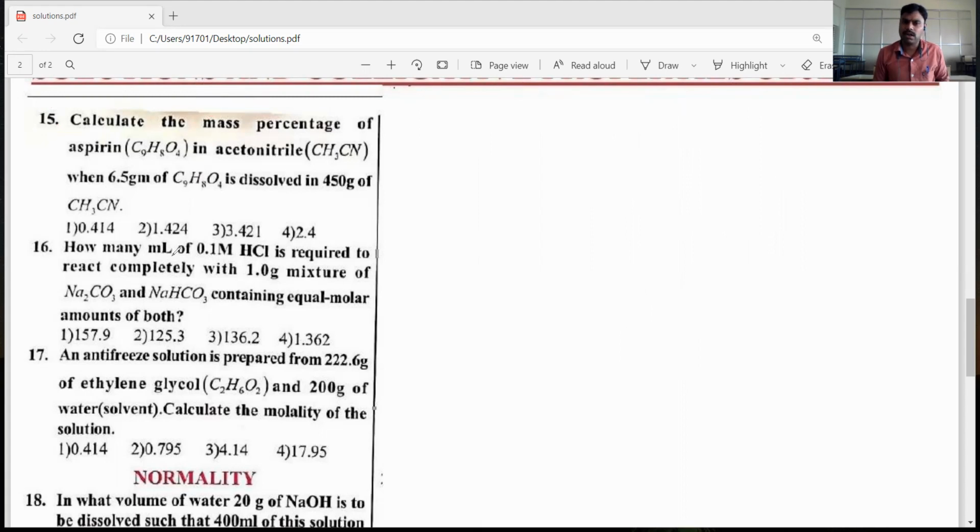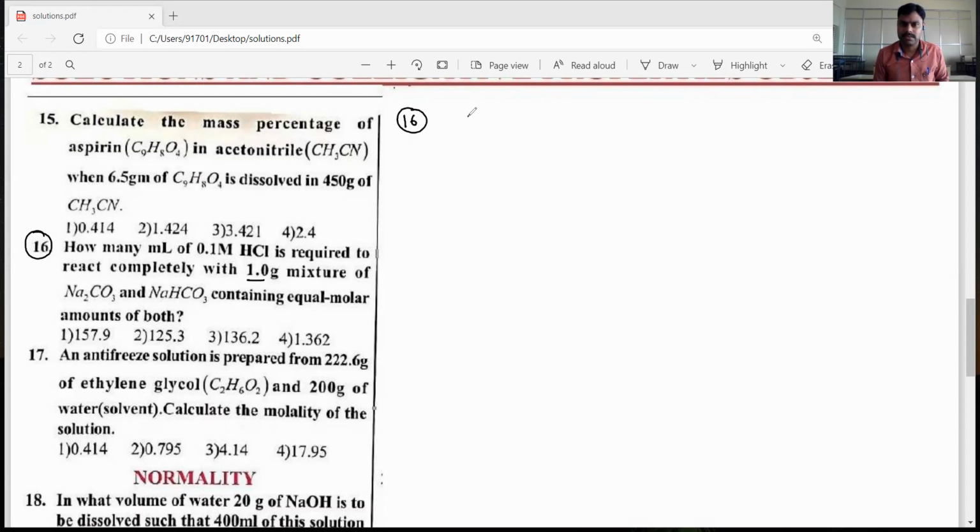How much volume of 0.1 molar HCl is required for complete neutralization of 1 gram mixture of Na2CO3 and NaHCO3, which are present in equimolar amounts? So how to solve this question? This is nothing but acid base titration.